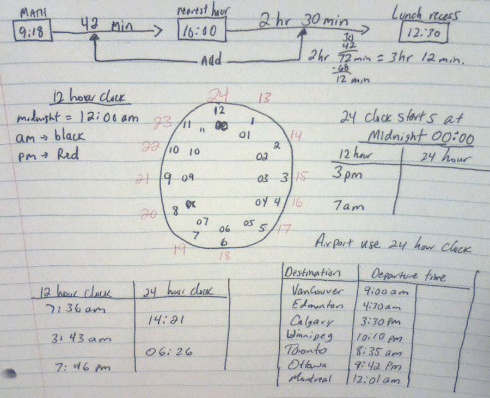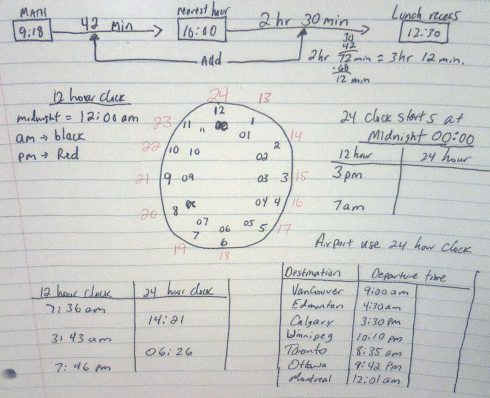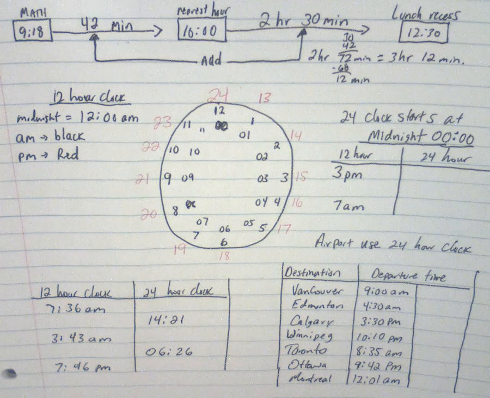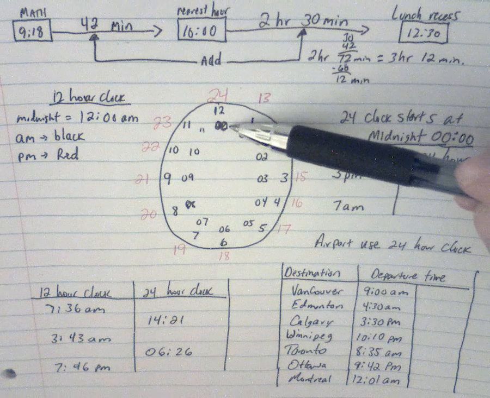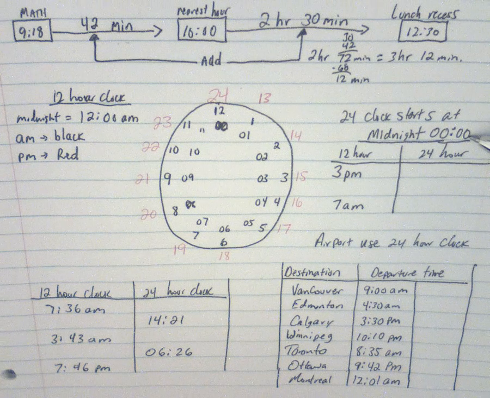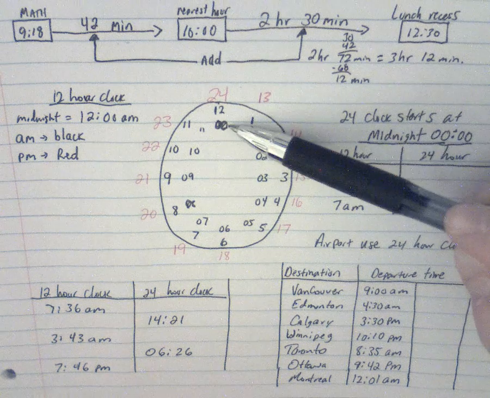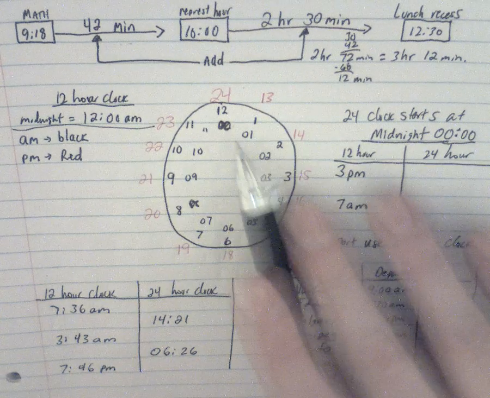The 24-hour clock doesn't have AM or PM. You do not use AM or PM. What you do is you just continue with the clock. So try and follow me here, okay? Midnight is 0000. That is midnight with the 24-hour clock, starting right here. So if you look at my little legend right here, the black is AM.